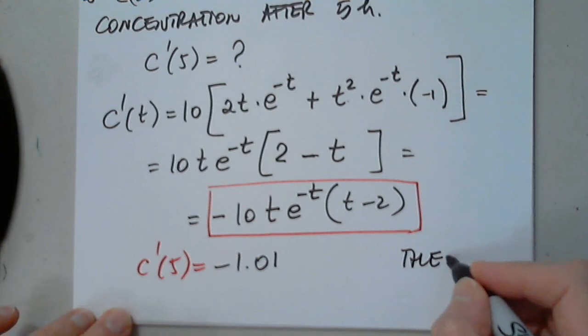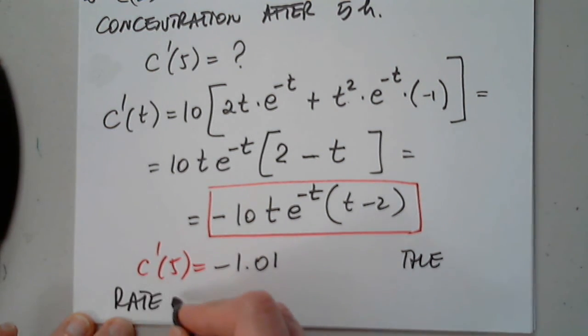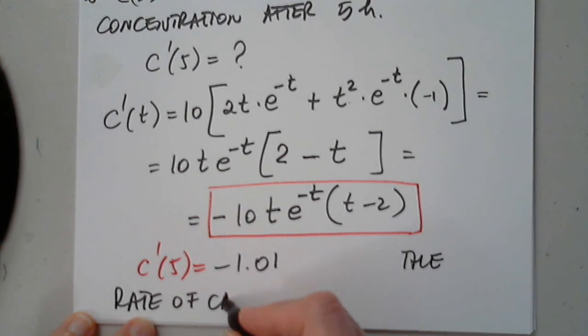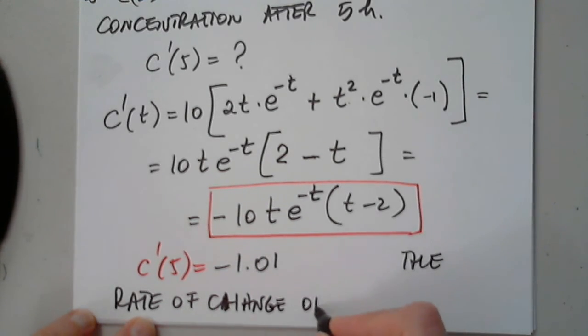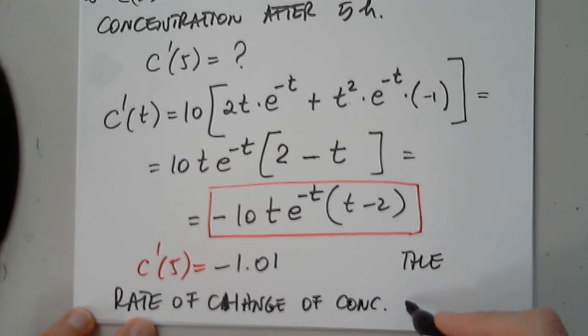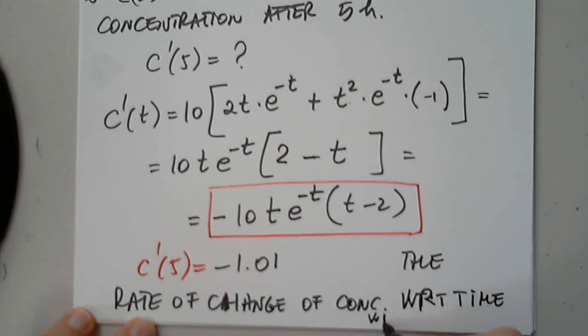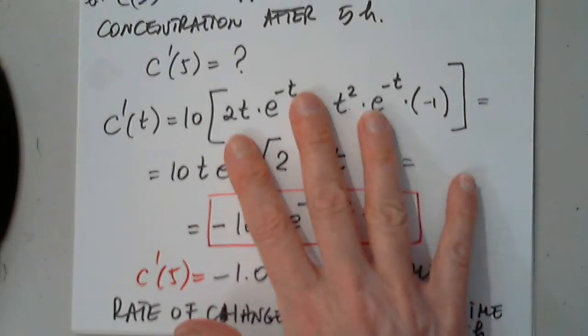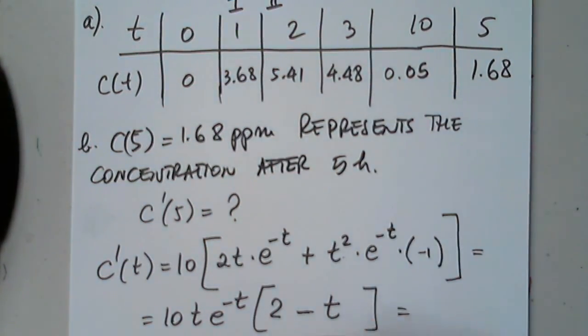So the change, the rate of change, of concentration with respect to time when t equals how much? 5 hours. Awesome. What is the measurement unit? So this one is the concentration after 5 hours.